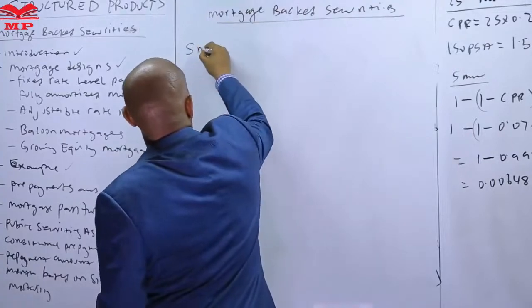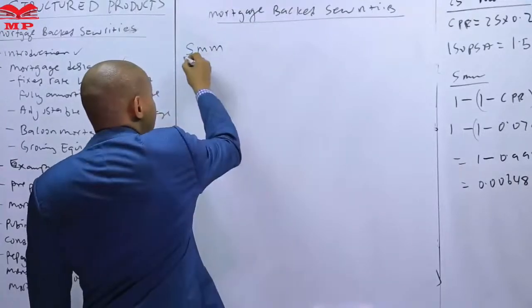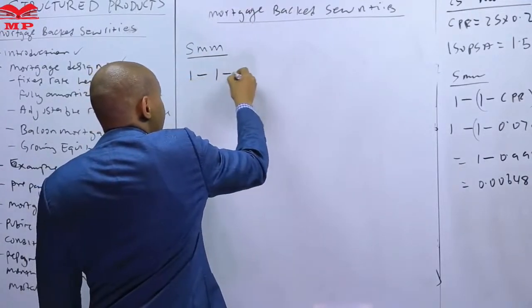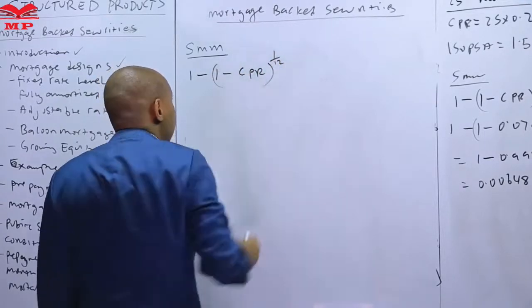So the SMM, or single monthly mortality, may be calculated in two ways. It is 1 minus CPR, or conditional prepayment rate, to the power 1 over 12.